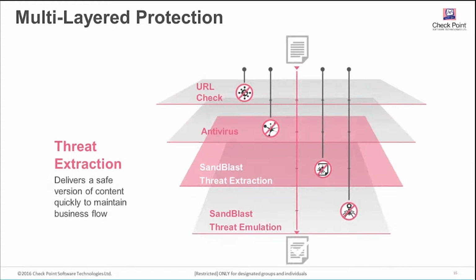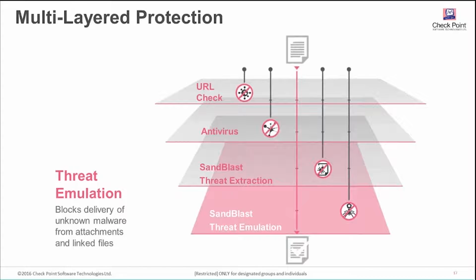We'll do that threat extraction. This is a very safe, quick way to give users visibility to the documents. They can work with the content that they've been sent, but without providing the malware an opportunity to run anything that might be malicious. And then lastly, because not everything is a Word document or PDF, there may be forms of malware that are harder to extract, and you can't create a view of an executable, for example.